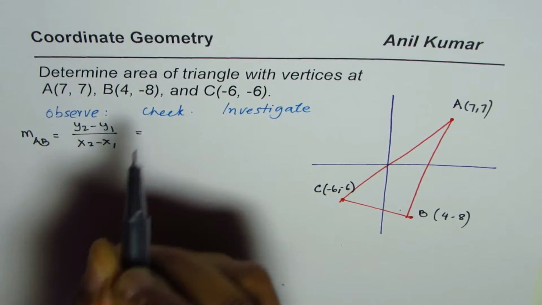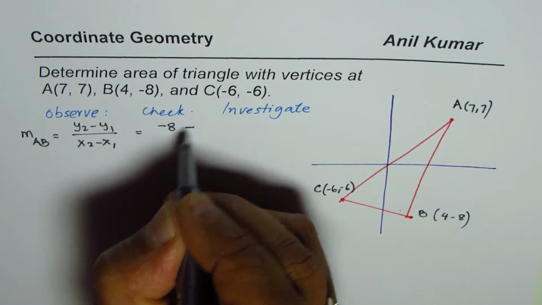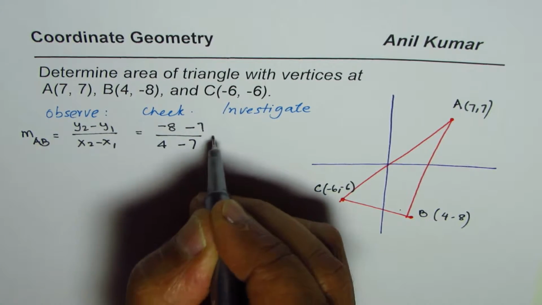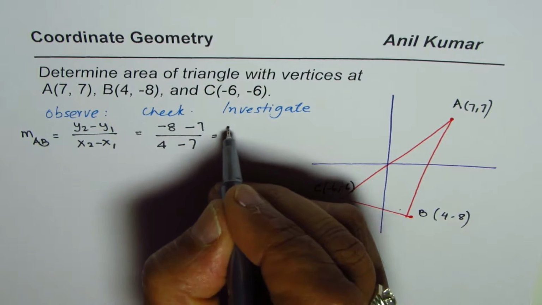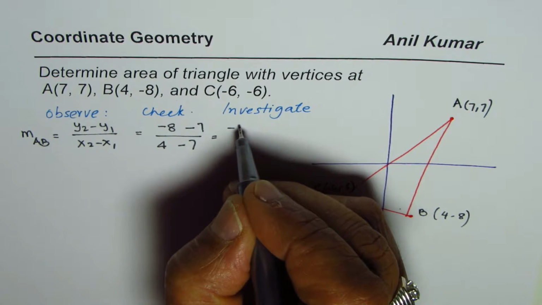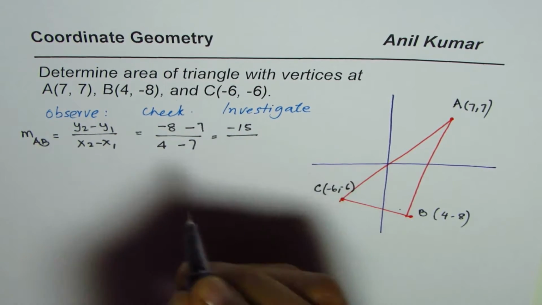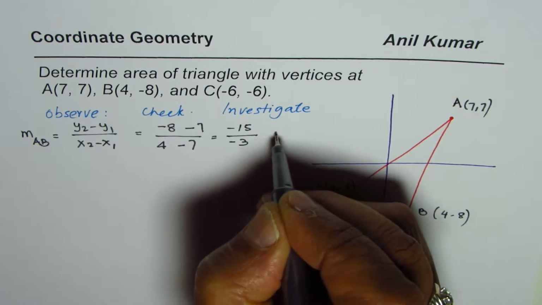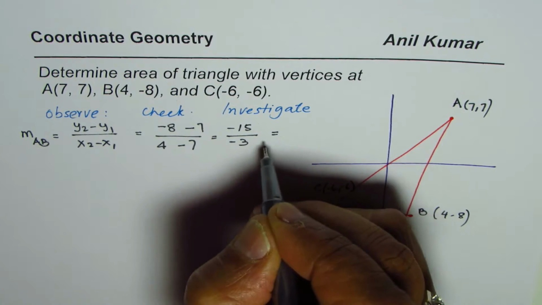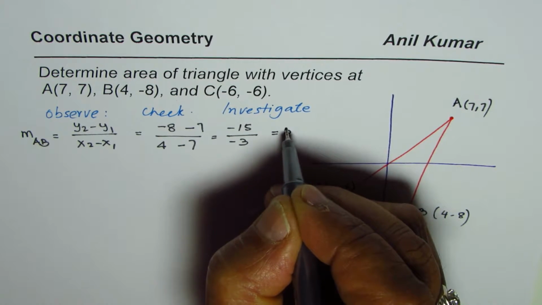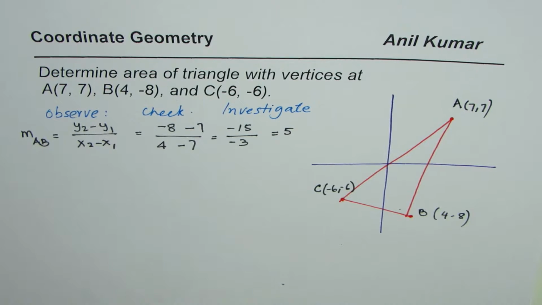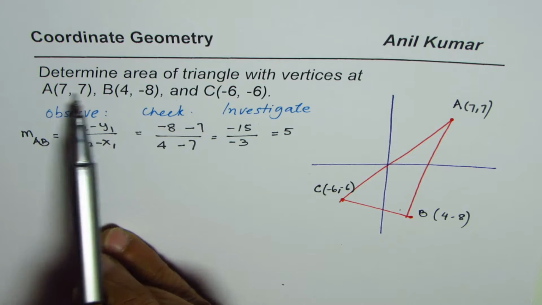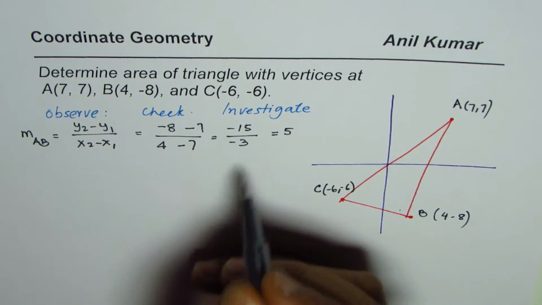So (-8 - 7) divided by (4 - 7), that is -15 divided by -3. So we get a slope of 5. 15 divided by 3 is 5.